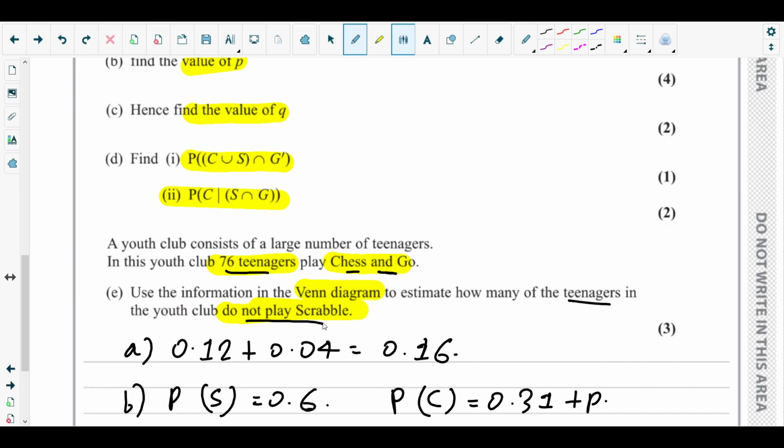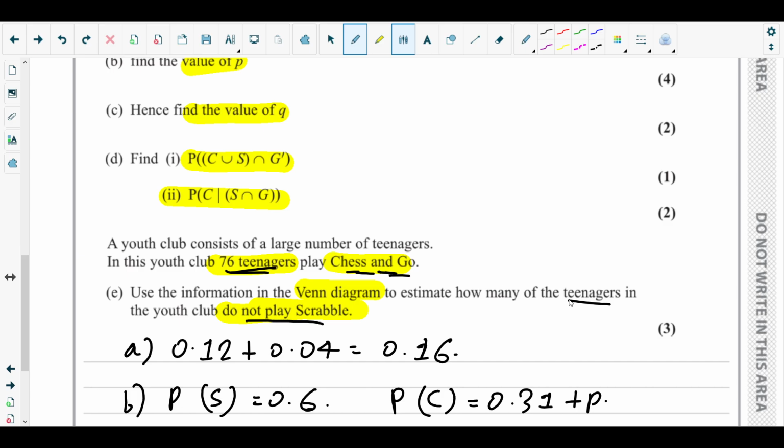Okay, they said specifically 76 play chess and go, and the total number is not mentioned, right? So that means it is not conditional. It's basically considering the whole number of teenagers.